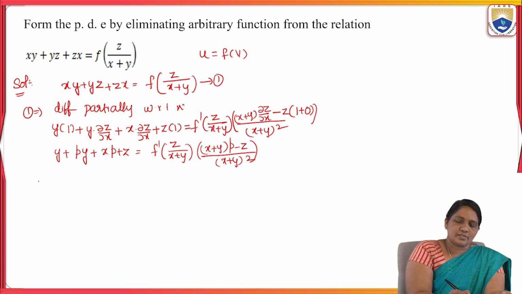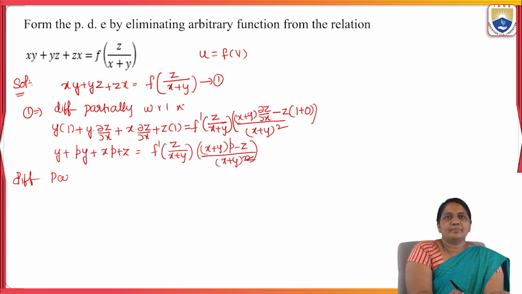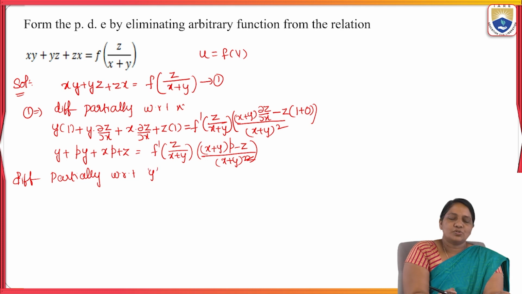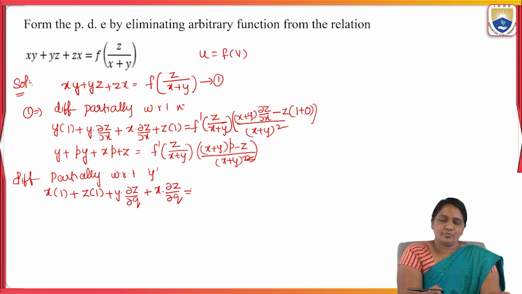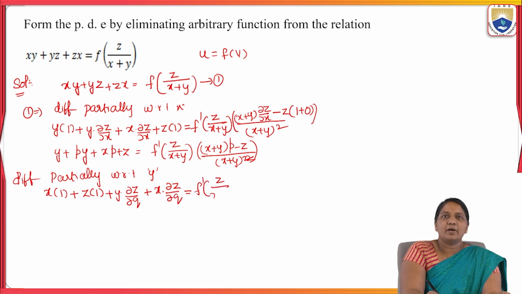Now the second step we have to do. So what is the second step? Differentiate partially with respect to y. Now x into the y derivative, which is 1, plus z into the y derivative, which is 1, plus y ∂z/∂y, where x is the constant, equals f'(z/(x+y)) into the u by v form.